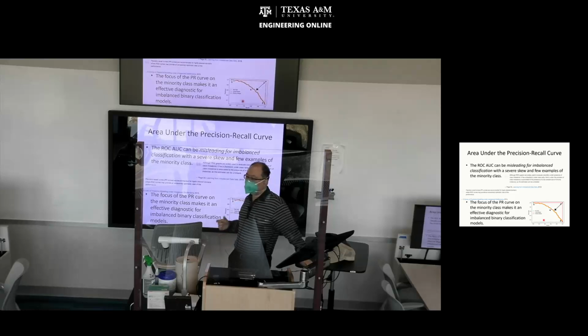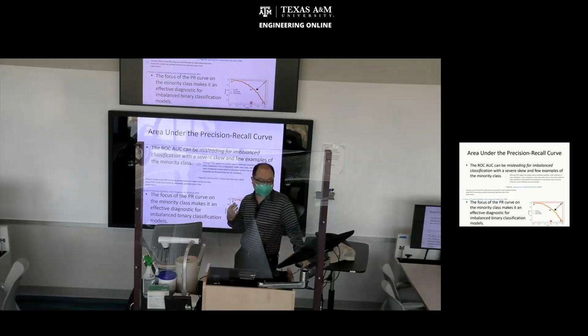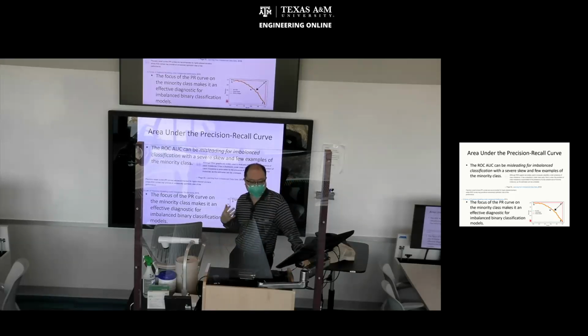In this case, what's a random classifier like? The random classifier will have a flat line with a constant precision, right? And this precision equals the minority positive class percentage, okay? If it's balanced, then this level will be 0.5, okay? So that's the control you compare to.